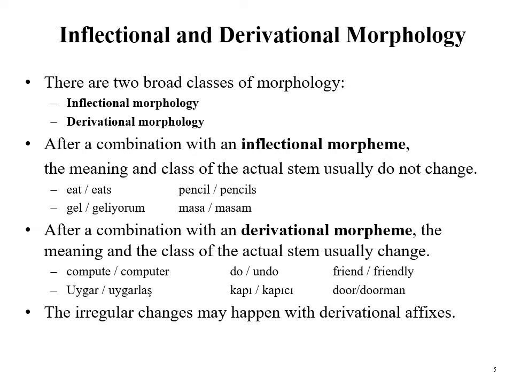Kapı is a Turkish word. The meaning of it in English is door, and kapıcı means doorman. So after adding cı, its meaning becomes totally different. So irregular change may happen with derivational affixes.